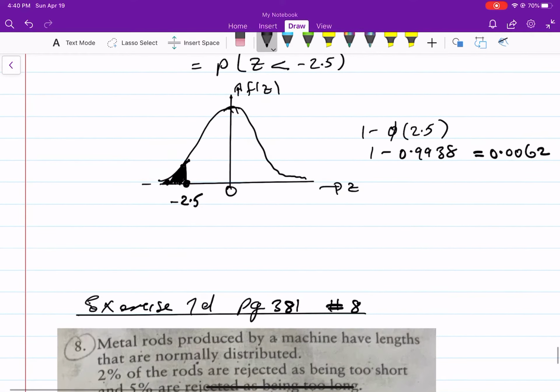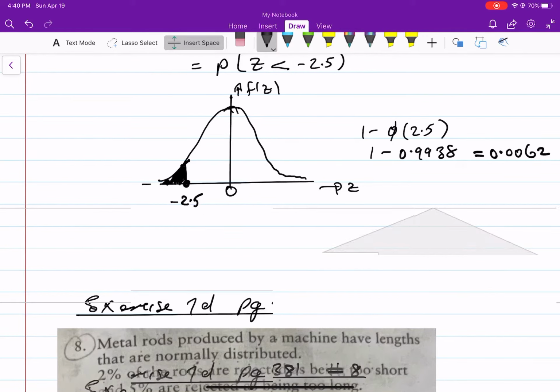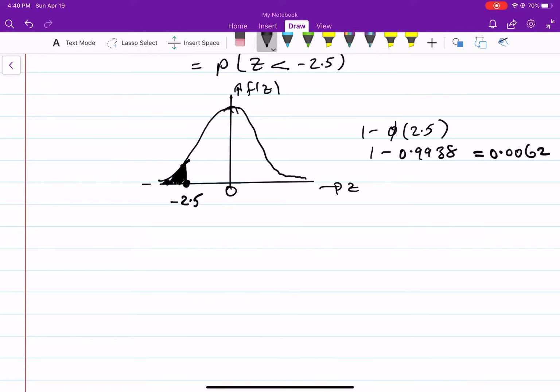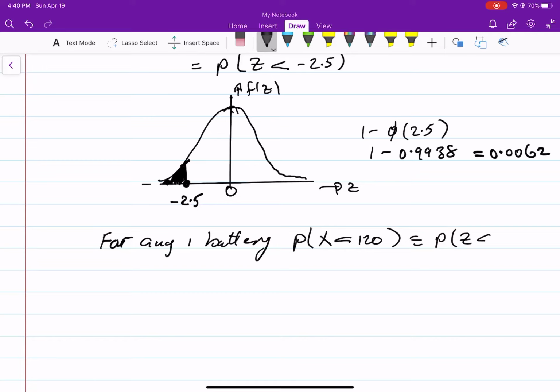So let me just summarize that portion. For any one battery, the probability that X is less than 120 hours is equivalent to the probability that Z is less than minus 2.5, and we found our probability to be 0.0062.